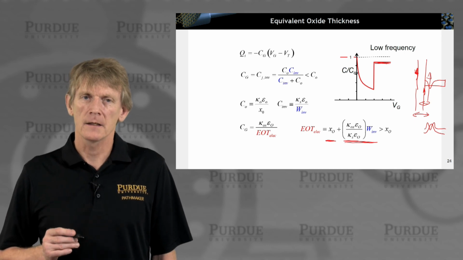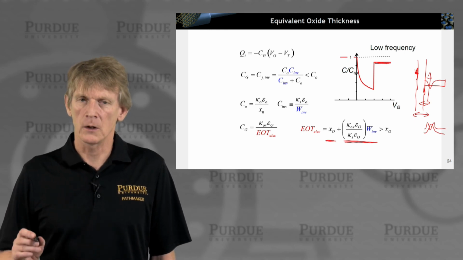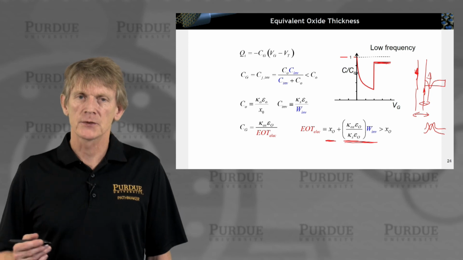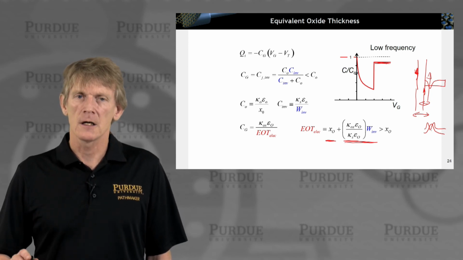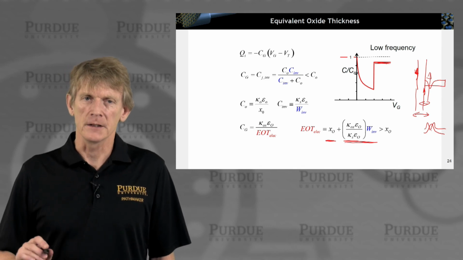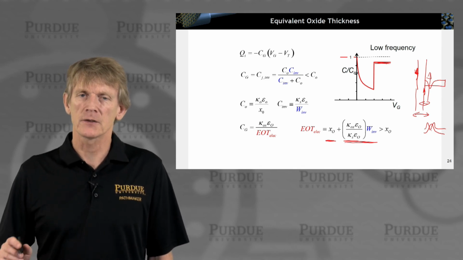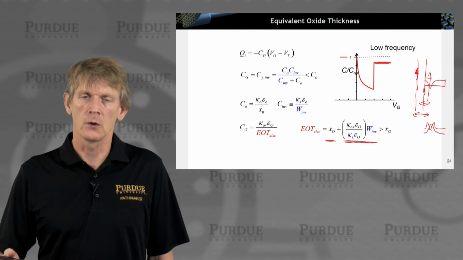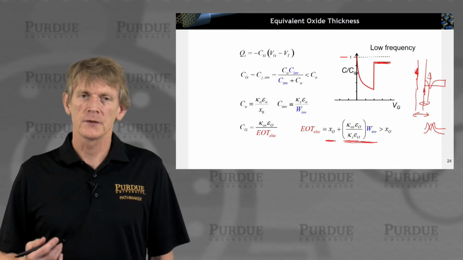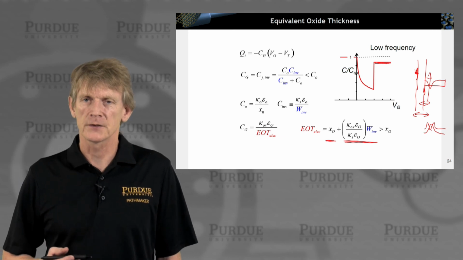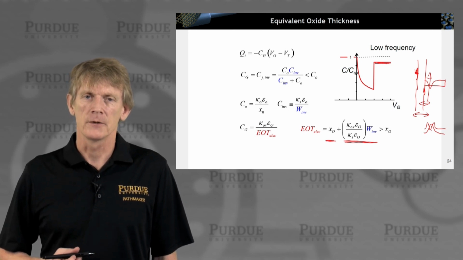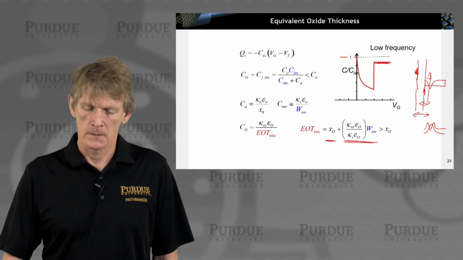Now, if you make a smaller and smaller device, these quantum effects become stronger and stronger. So you will separate the charge more and more away from the interface. So this equivalent oxide thickness plays a more important role in small-scale devices. EOT is actually quite important in the nanoscale devices that we have today.